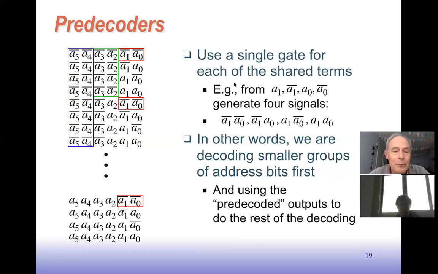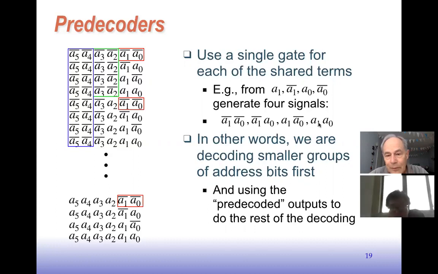And that's the principle behind a pre-decoder. The way we do that, in this example, I used pairs of bits. For instance, we can take A1 and A0 and their complements, and from that, we can generate 4 signals, which is kind of a decoding of these 4 signals here.